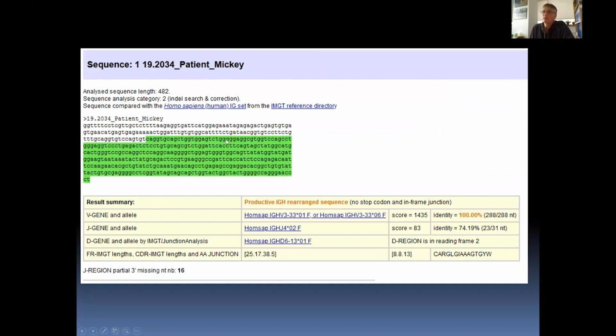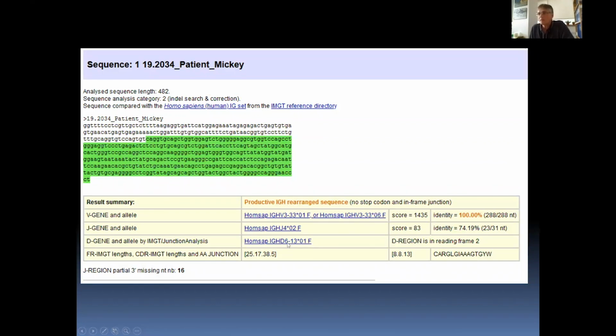So here's the sequence that we put in, and the analysis has compared the sequence from our patient to the germline database of all the possible V, D, and J fragments, and it tells us that our specimen, the clonal fragment, contains the IGHV3-33 allele 1 or 3-33 allele 6.